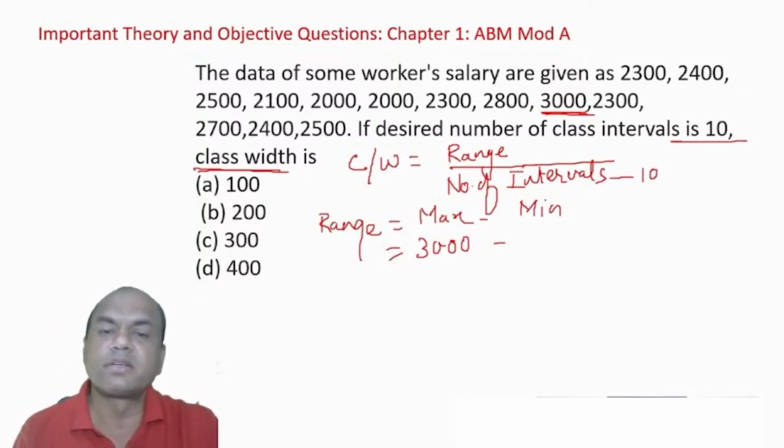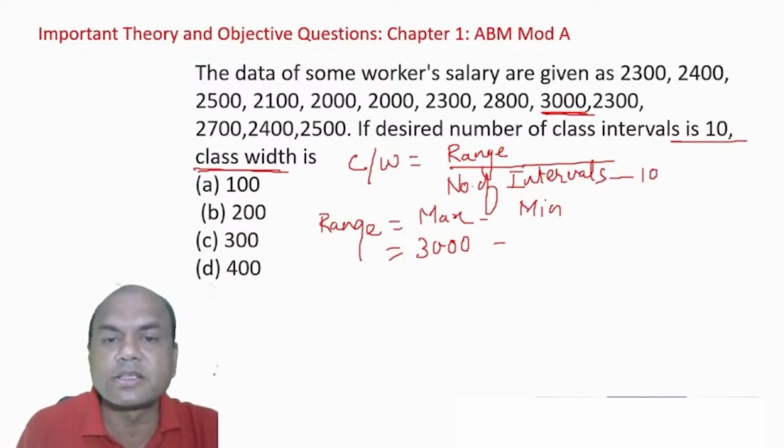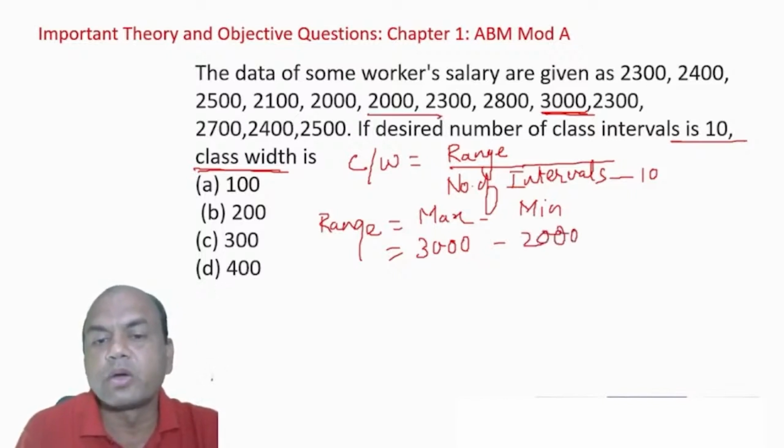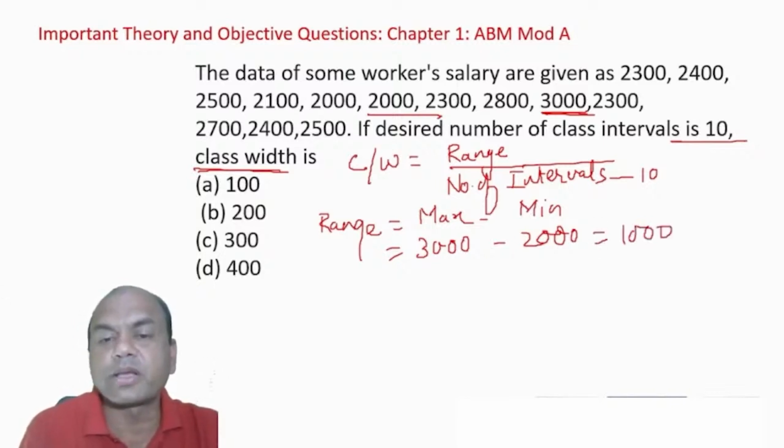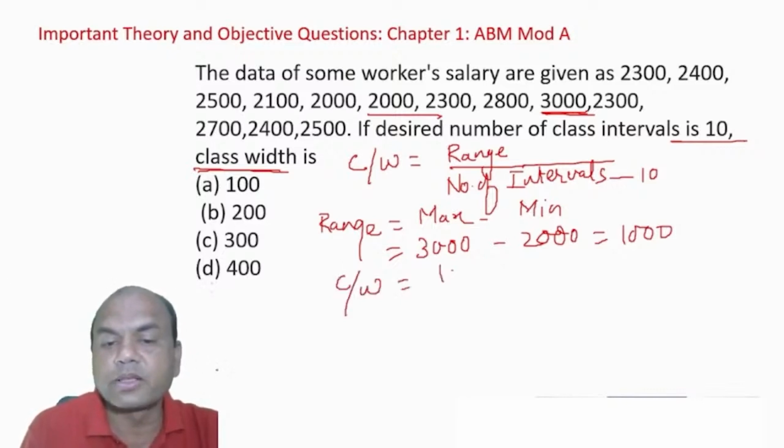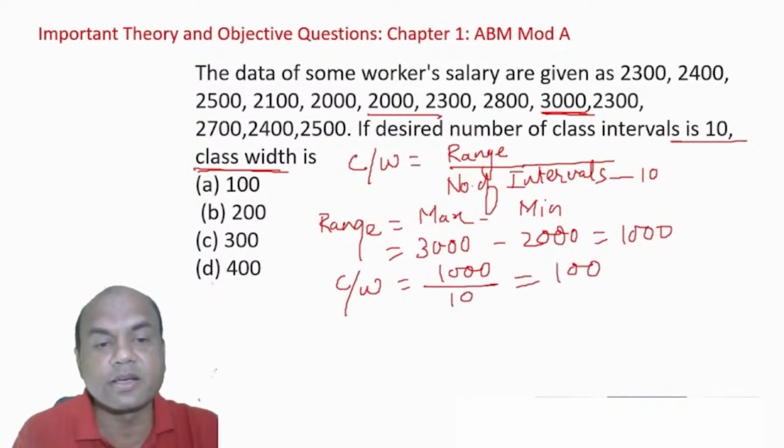Minimum number is 2000, correct? This is the lowest number. So 2000 over here. So range is what? 3000 minus 2000. So 1000. So what is my class width now? Class width equals 1000 upon 10. So that is equal to 100. So this is my answer. Class width is 100. Okay.